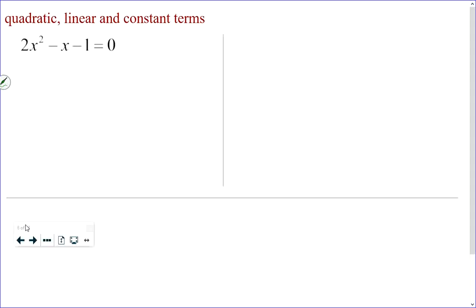Okay? So we could have a quadratic equation, a different example. We could have a quadratic equation of 16x squared minus 4x. And there is a quadratic term, and there is a linear term. But there's no constant term in that second equation. It's still quadratic, though. It's a quadratic equation because it contains an x squared term.